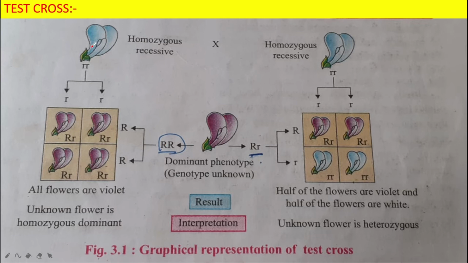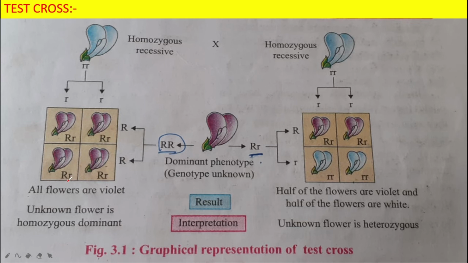When the crossing is done between this dominant and recessive parent, capital R into small r gives capital R, small r in every box. So in the Punnett square, in this F1 hybrid we get all the flowers of violet or purple color.